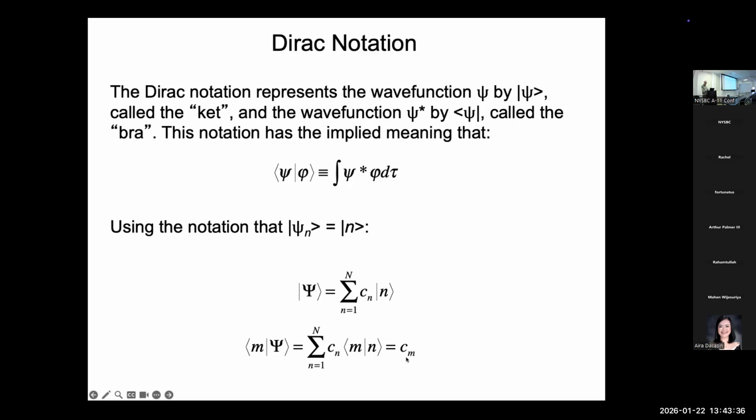And then here's the recipe for finding the coefficients. The nth coefficient is found by pre-multiplying by the bra m and then doing the integral. And because of the orthogonality, everything will cancel except for the nth one.